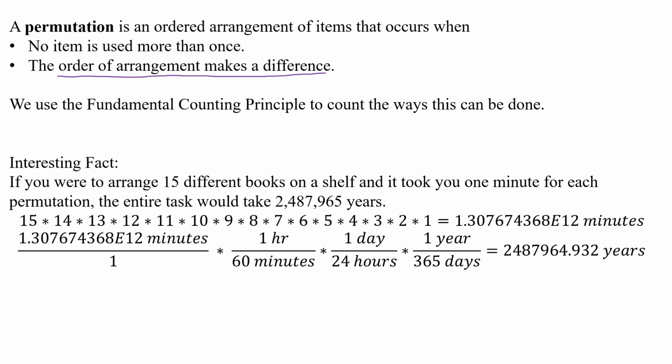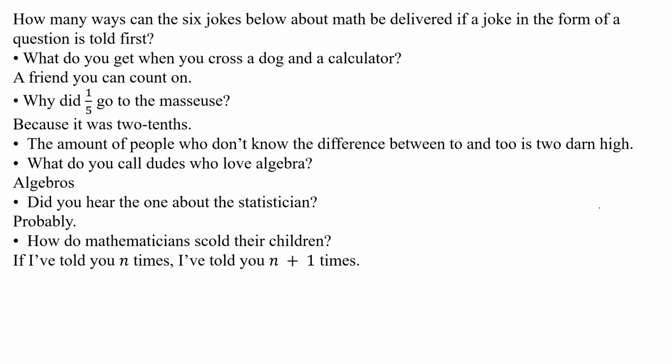Along those same lines, let's look at this next question. How many ways can the 6 jokes below about math be delivered if a joke in the form of a question is told first? So we have to have a question. How many of these are questions? This one's a question. That's a question. The amount of people, nope, that's not a question.